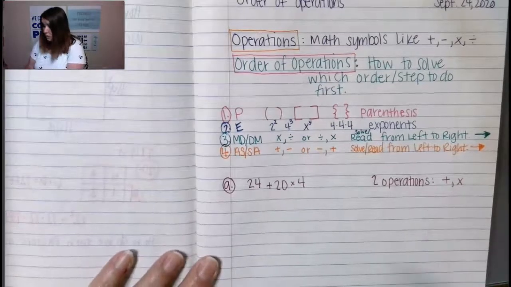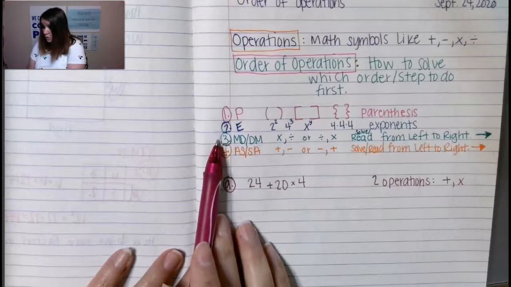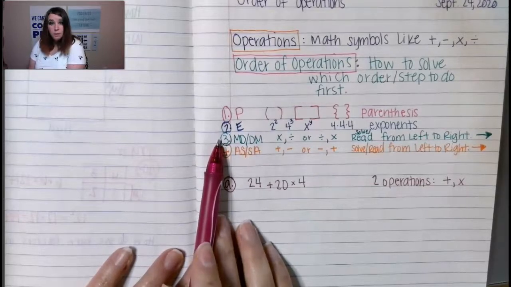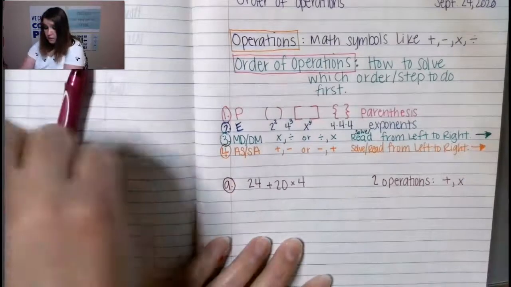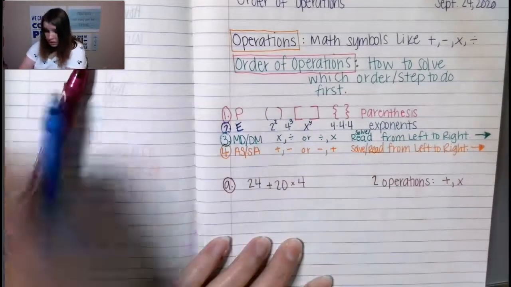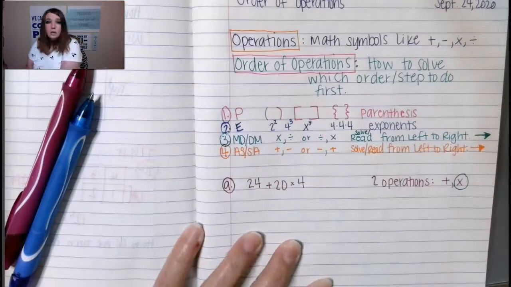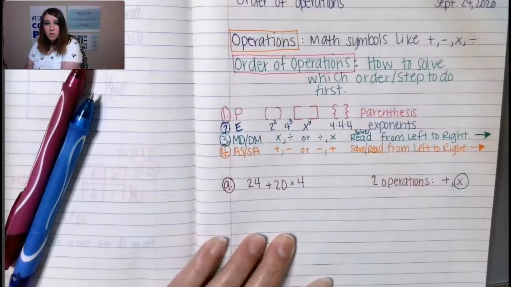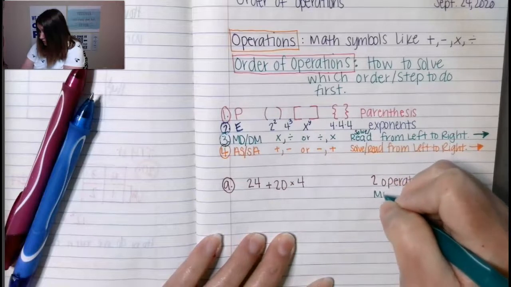So I'm now going to come up here and I'm going to look and see. Well, I know multiplication is step 3, which comes before addition, step 4. So my first step is actually going to be multiplication. So I need to multiply first, then I can add. So I'm going to do multiplication first.